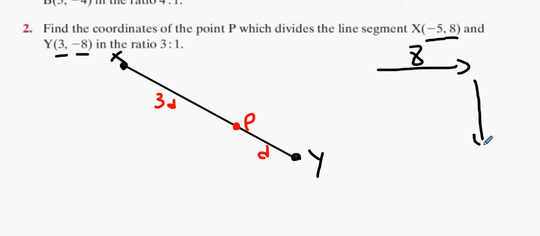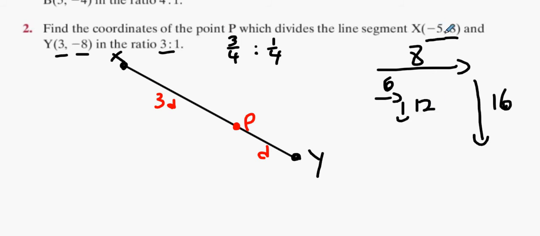16 directly down. Get 3/4 of that, because when you add 3 and 1 together, you get 4. One of the lengths is going to be 3/4, the other length is going to be 1/4. I'd like you to get 3/4 of 8. What do you get? 6 across. 3/4 of 16? 12. So just add on 6 and take away 12.